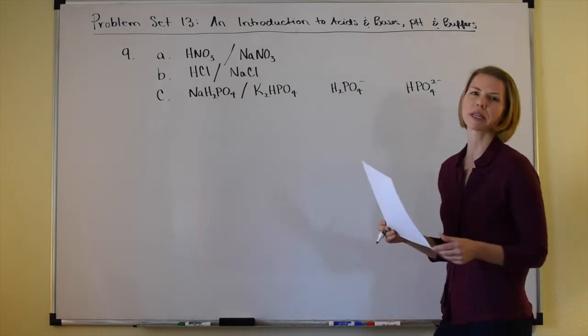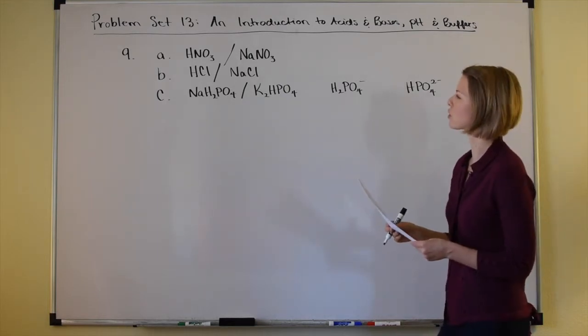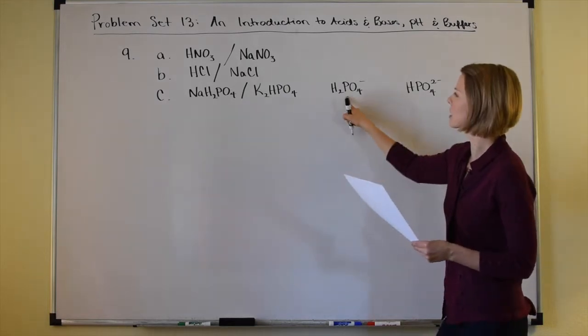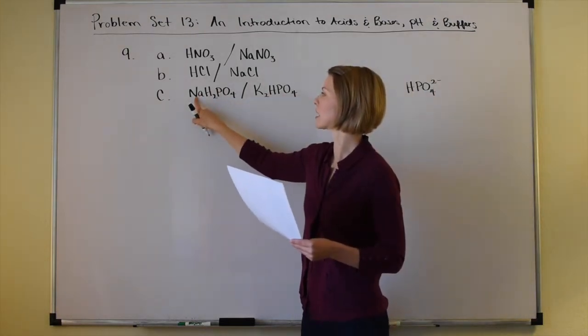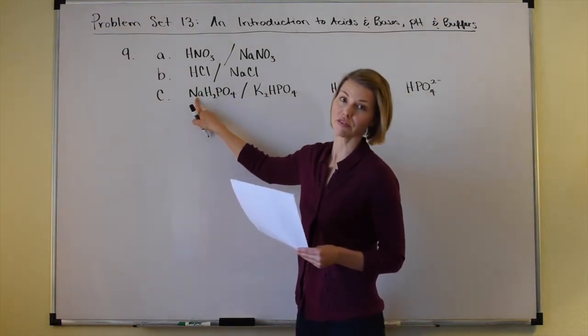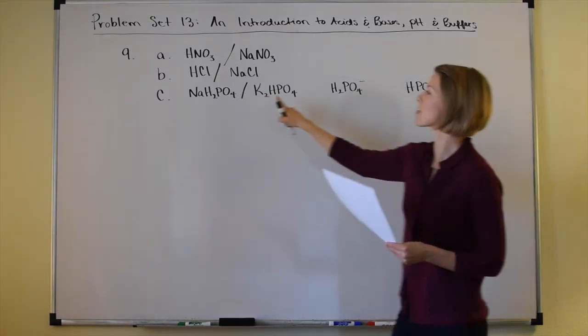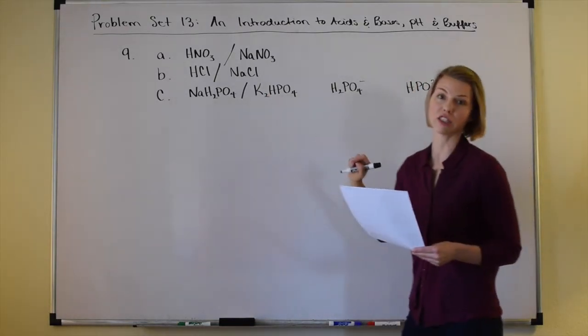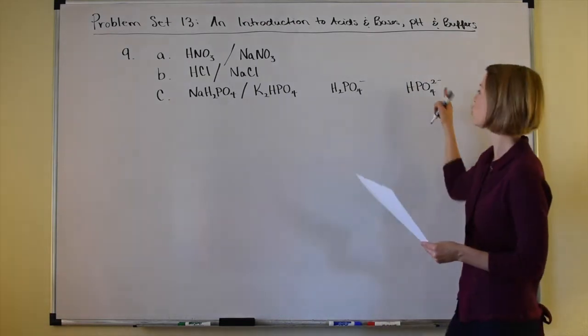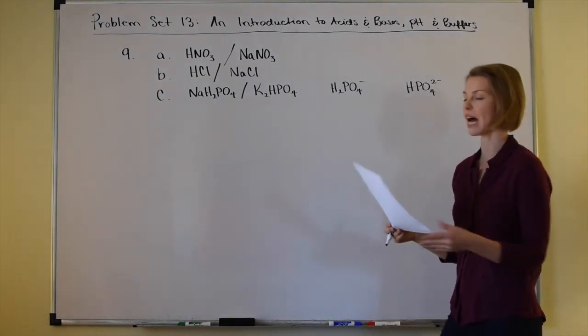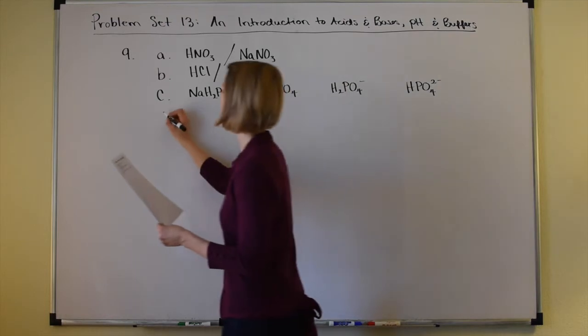I'm going to write those out because we haven't really used those very much throughout the tutorials. So you can see that it takes 1 sodium cation in the sodium dihydrogen phosphate, but it would take 2 potassium cations in the potassium hydrogen phosphate because the hydrogen phosphate has a 2 minus charge. So 2 potassiums, each with a 1 plus charge.